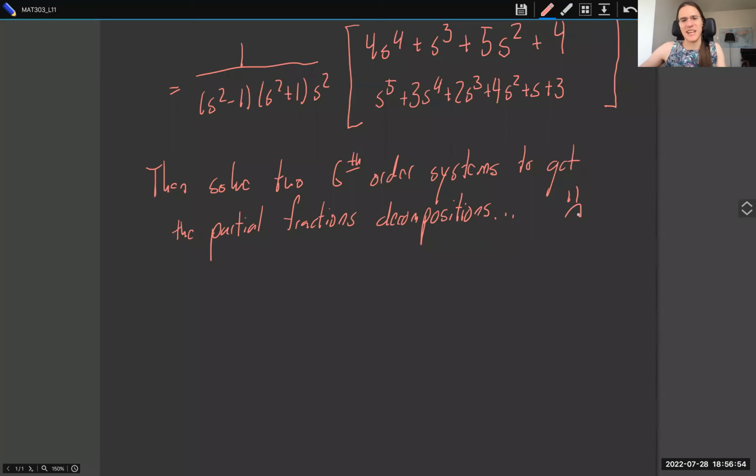That does not sound fun. But we're going to see that the Laplace transform is actually useful occasionally.